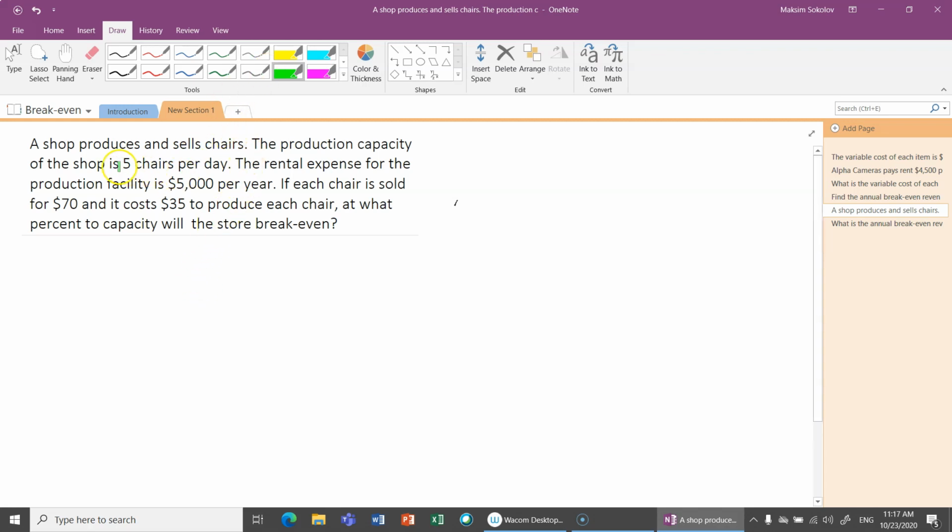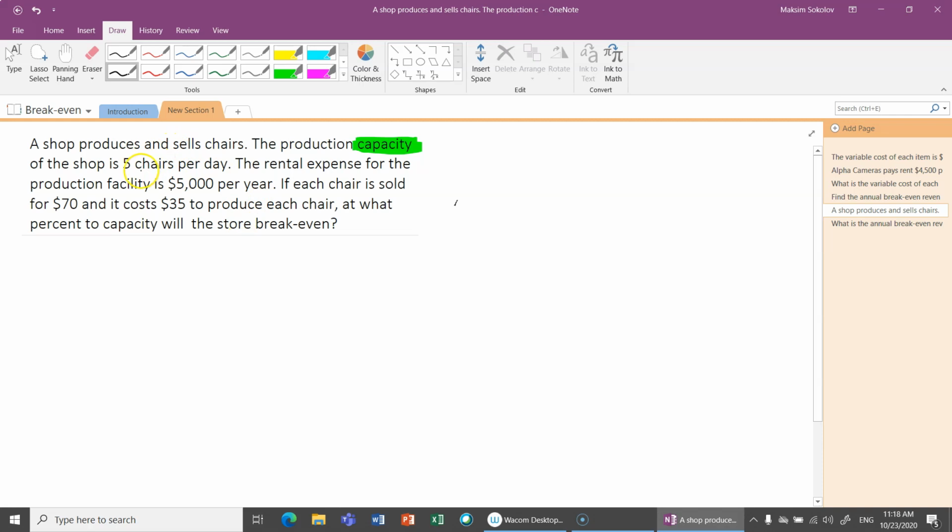We have here what we call capacity, which means the number of chairs that the shop is able to produce every day. So we will assume that this store works 365 days per year. Because we are given annual amounts for the rental expense, that is the fixed cost, and we are asked for the break-even number, we can go to the annual numbers to make sure that we have the correct comparison.